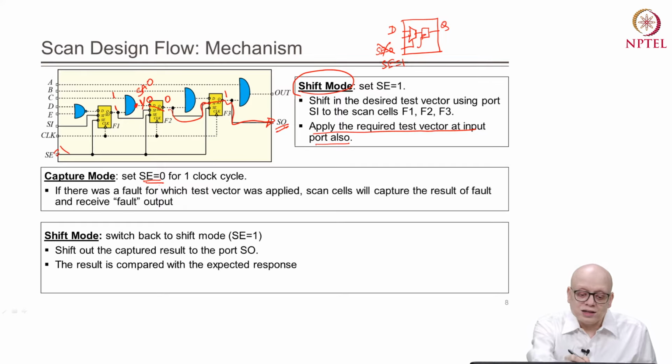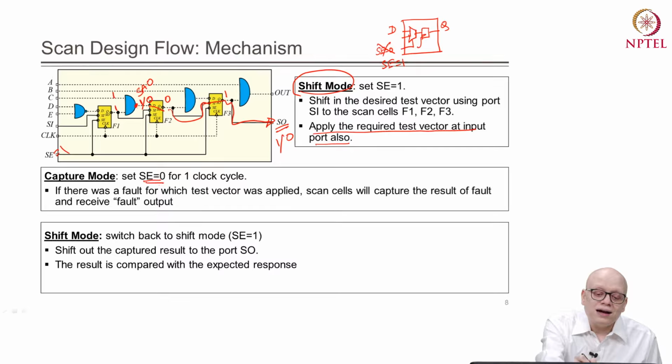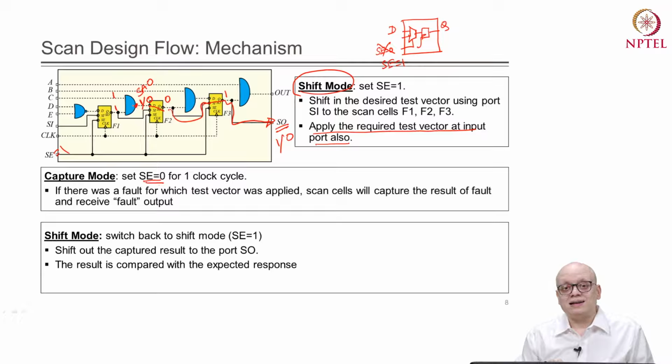If instead of 1 we get 0, we can infer that there was a stuck at 0 fault at the input of the AND gate. So, this is how we can detect the fault, and the result is compared with the expected response, and if they mismatch, we infer that there is a manufacturing defect or a fault.